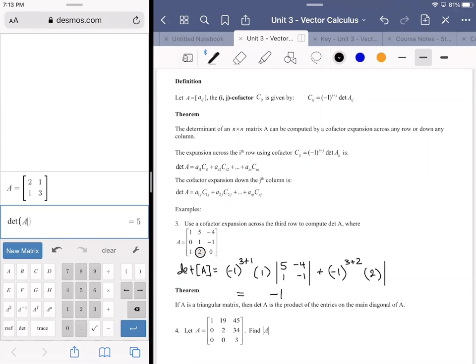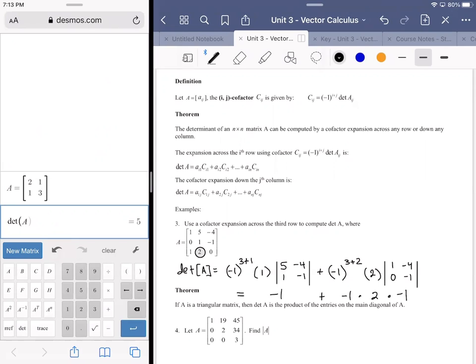The 2 by 2 square matrix that remains when you remove the third row and second column would be 1, 0, -4, -1. So we have the -1 from before, plus -1 to an odd power is -1 times 2. Diagonal down is -1, diagonal up is 0, times -1.